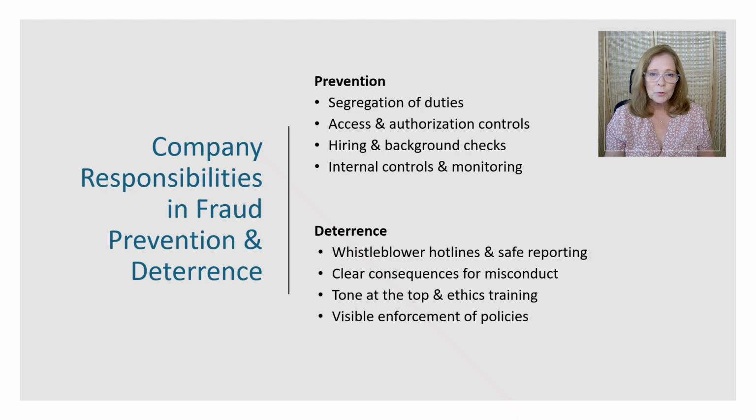Other internal controls include restricting system access, running background checks on employees in sensitive roles, and continuously monitoring financial activity. That means that the company, for instance, needs to be able to prove that bank statements and bank reconciliations are regularly reviewed and approved.